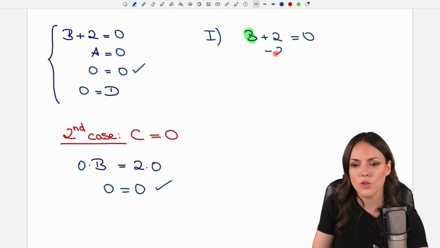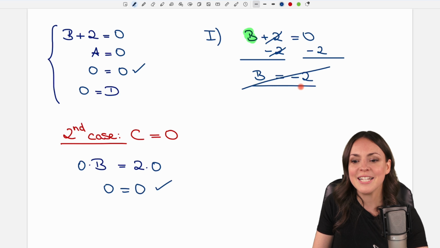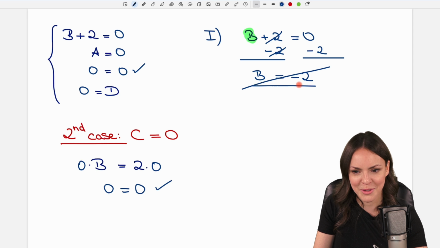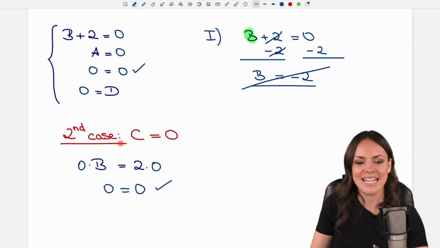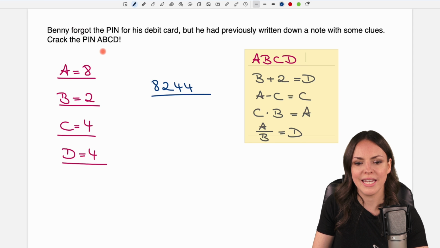I subtract the 2 on both sides of the equation so that I have solved for B, because this cancels out, and on the other side I have 0 minus 2, which gives me -2 for B, and this is not possible in a pin to have a negative number. So this case cannot be, so the only pin that is possible for Benny is the 8244.